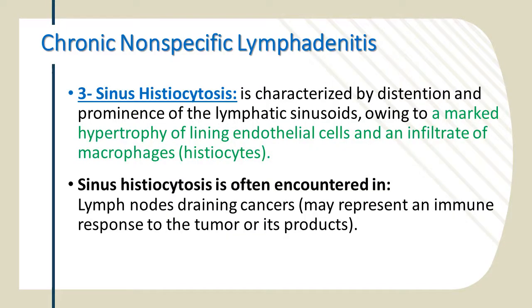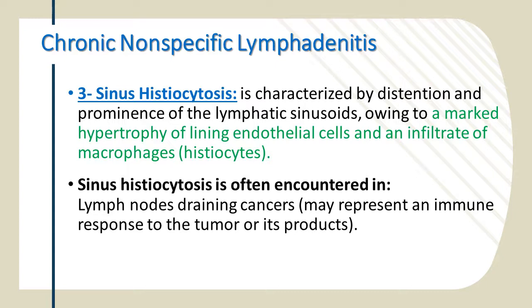The final pattern is called sinus histiocytosis. From its name, sinus histiocytosis is characterized by distension and prominence of the lymphatic sinusoids owing to marked hypertrophy of the lining endothelial cells and an infiltrate of macrophages, which are the histiocytes.